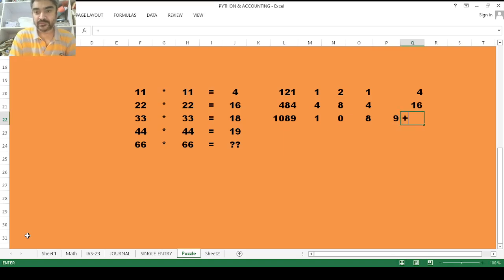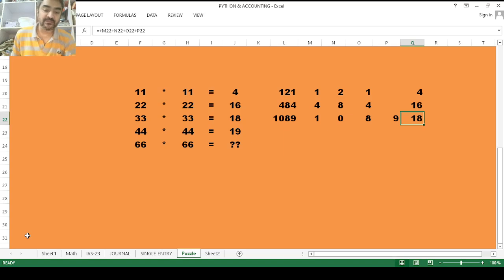Let's add these four numbers: 1 plus 0 plus 8 plus 9, it comes up to 18. That's it. This is the pattern. What is the pattern? You simply perform the multiplication given in the question, get the answer, then add the individual digits together. Here comes the answer.